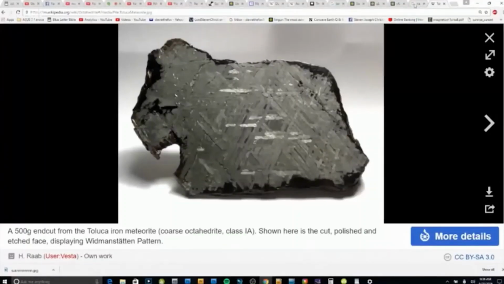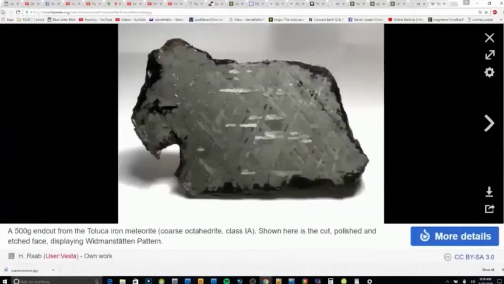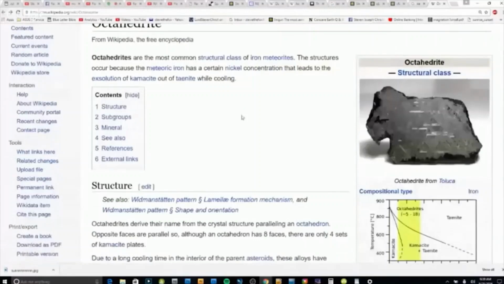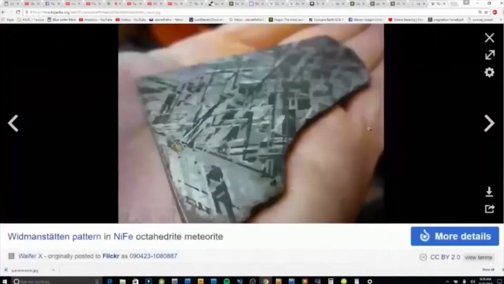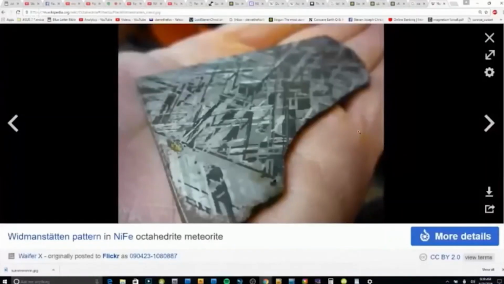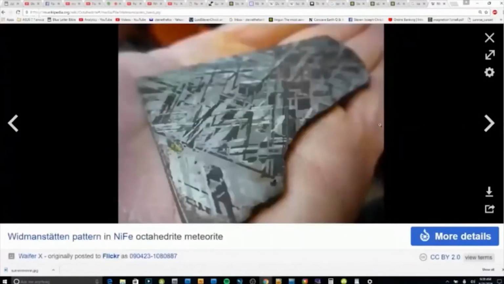Wow. And the pattern changes depending on how you slice it. If you slice it from the top, it gives more of a squarish pattern.